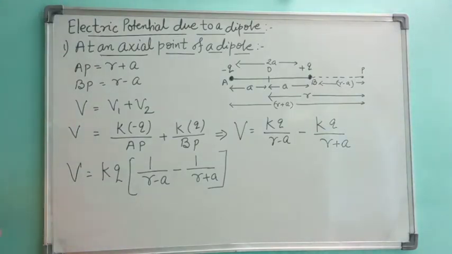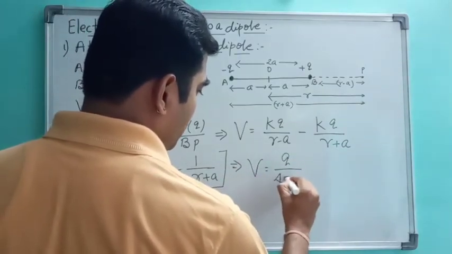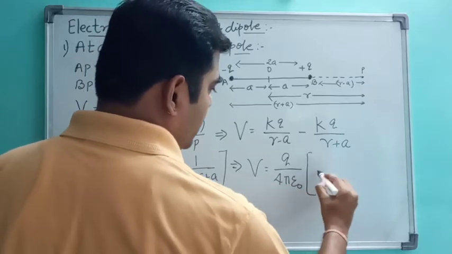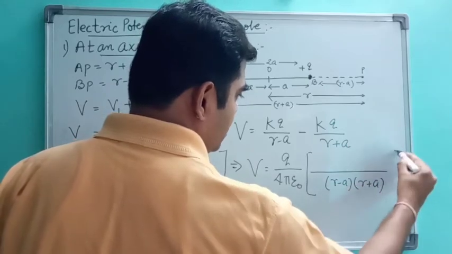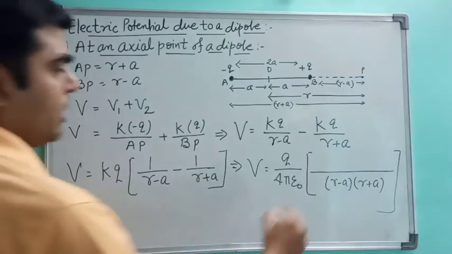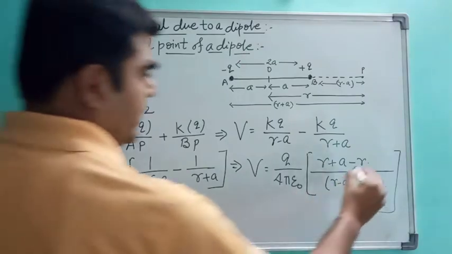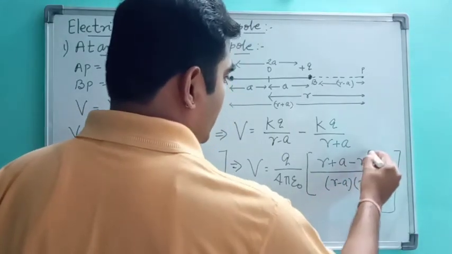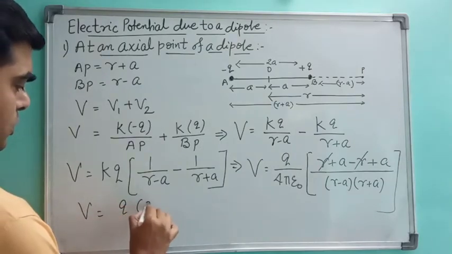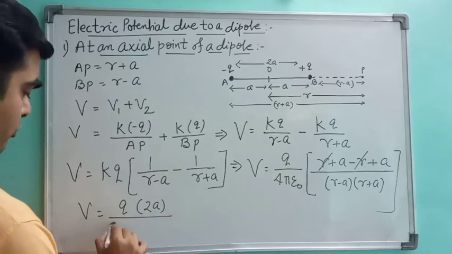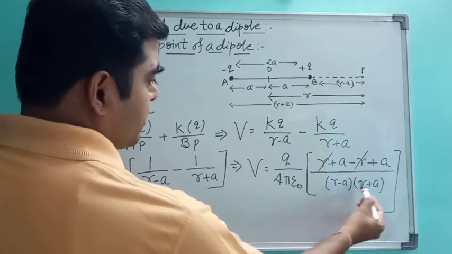Now V is equal to q upon 4 pi epsilon naught, taking the LCM of r minus a and r plus a: r plus a minus r plus a, so r cancels out. Now V is equal to q times 2a upon 4 pi epsilon naught, with r minus a times r plus a in the denominator.